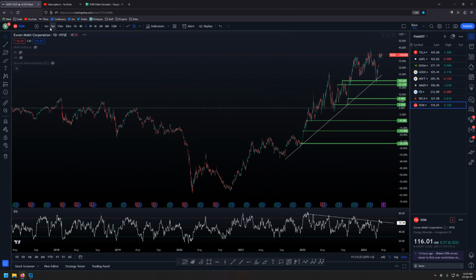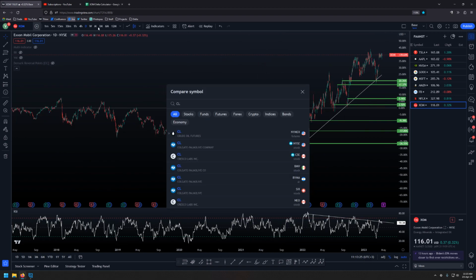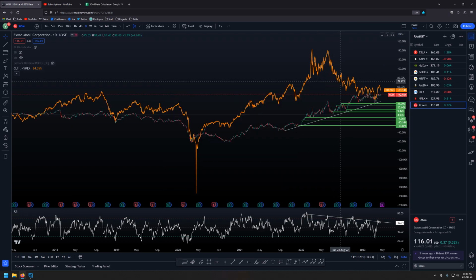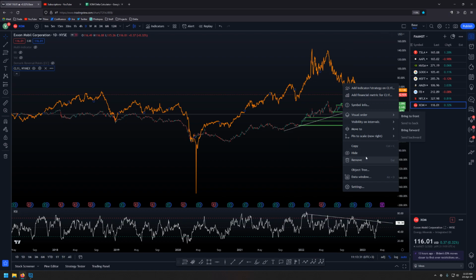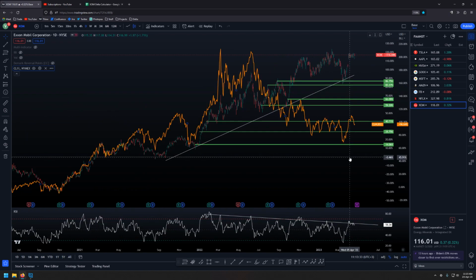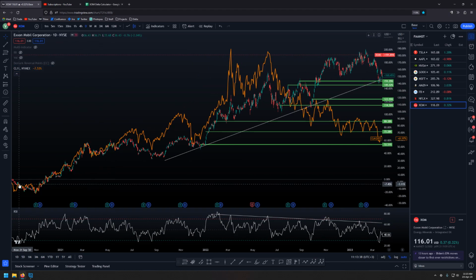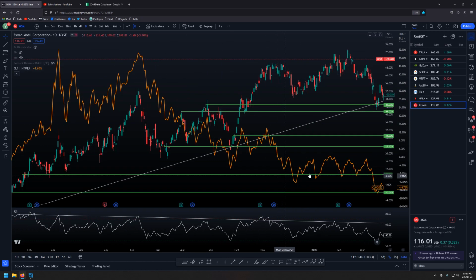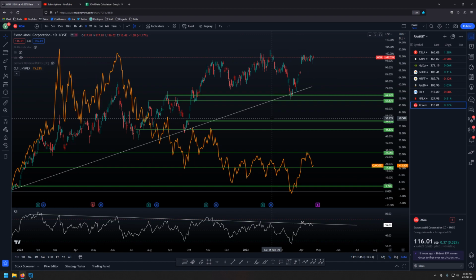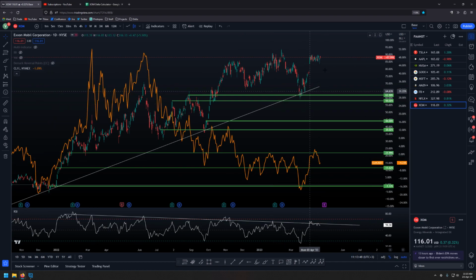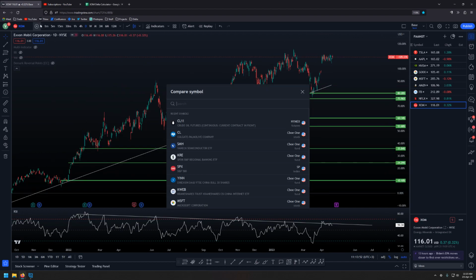Okay, so Exxon is correlated with oil prices. It goes on for a while, and now it's completely disconnected from oil prices. The gap is huge.